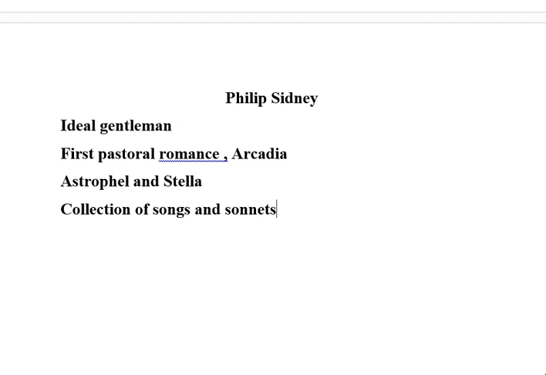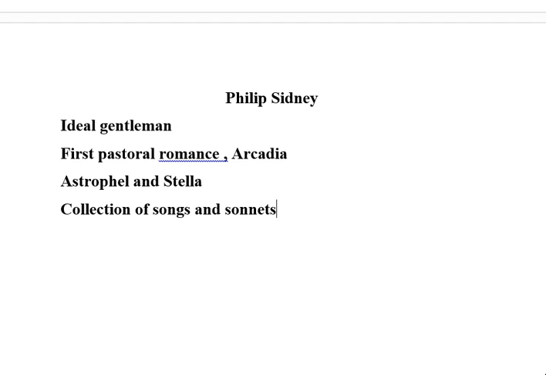Astrophil and Stella is the collection of songs and sonnets, and it was addressed to Lady Penelope, to whom Sidney was betrothed. She becomes Stella, star, and Sidney was Astrophil. Astrophil is the lover of the star, right?